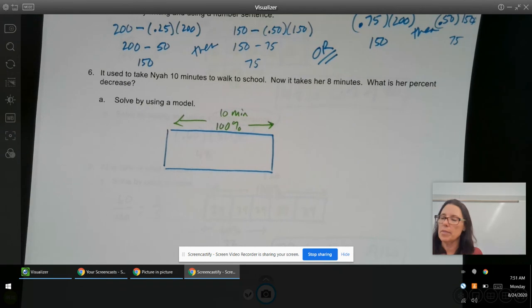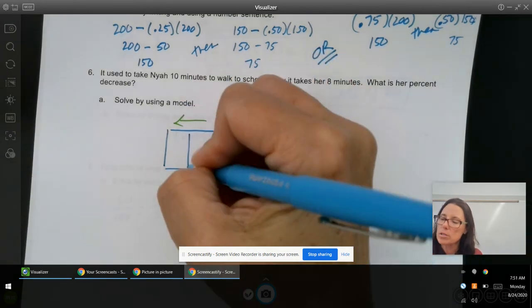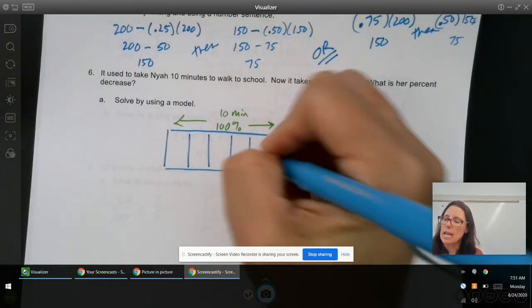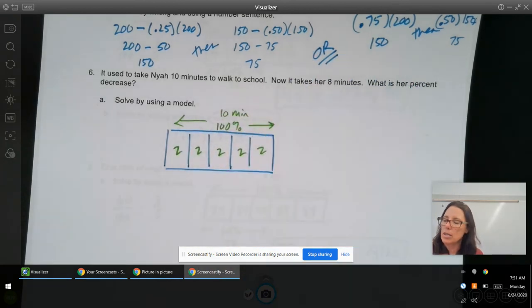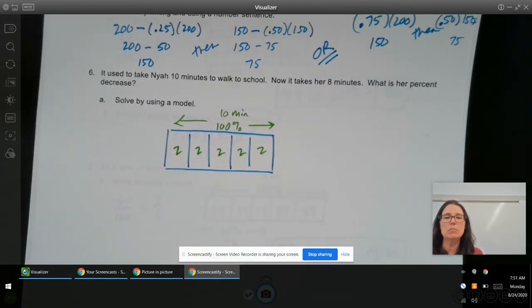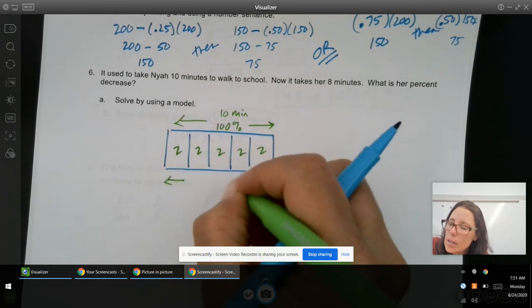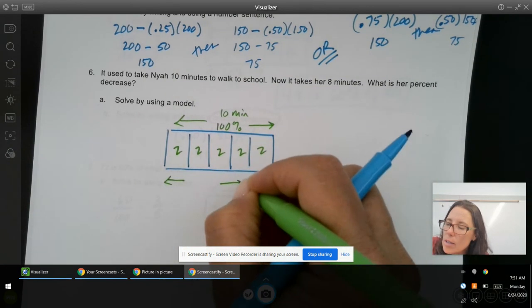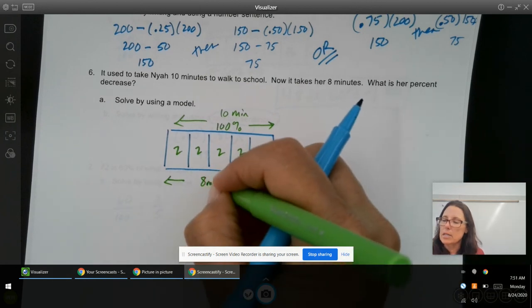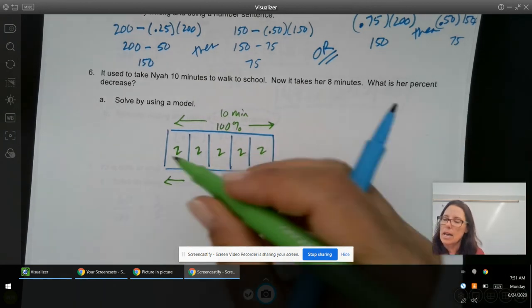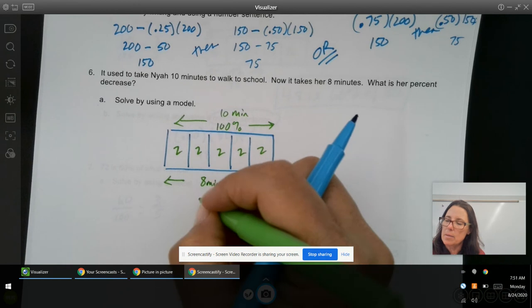If I think about this broken up into 5 chunks and have my magic number of 2 in it, do you see that that is 10 minutes total for the 100%? And I can look at 8 minutes, and that's 20, 40, 60, 80%.